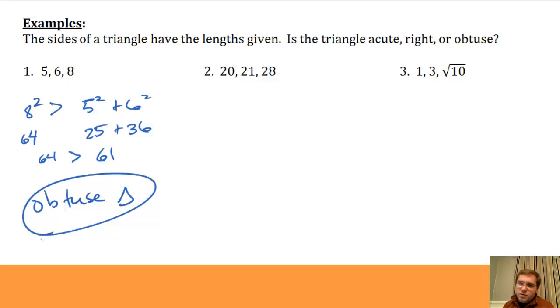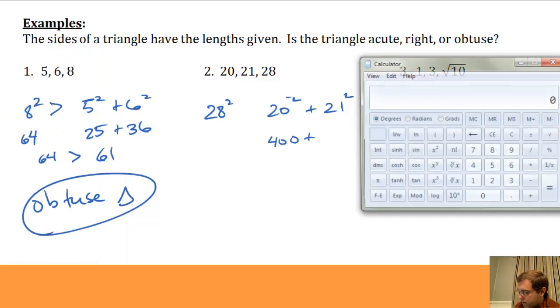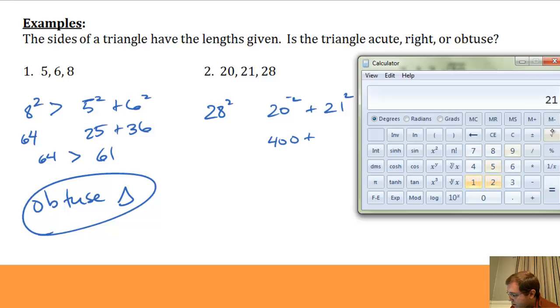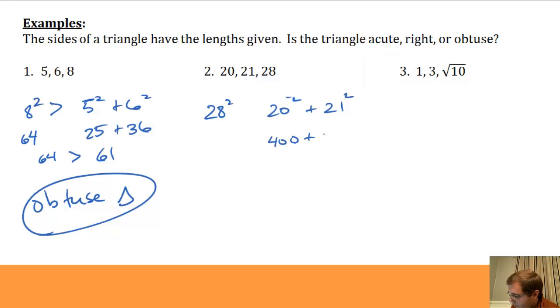Now I have the sides 20, 21, and 28. So I'm going to take 28 squared, I'm going to take 20 squared, and add that to 21 squared. Okay, 20 squared I can do in my head. That's simply 400. I'm going to get some help on the other ones. 21 squared is 441.